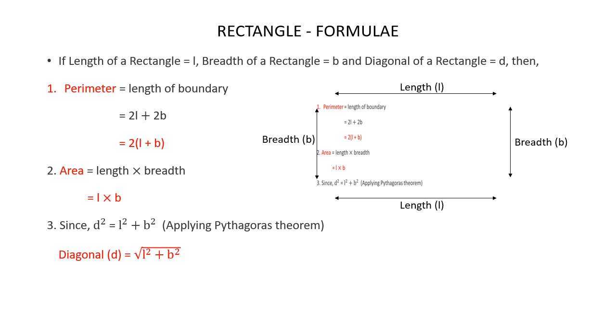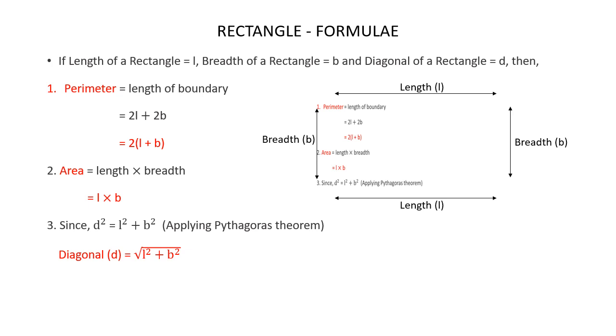Let's now look at the formula for the diagonal of a rectangle. Look at this right angle triangle ABC. Here AB is B, BC is L. Angle B is 90 degrees and the side opposite to this angle is the hypotenuse.